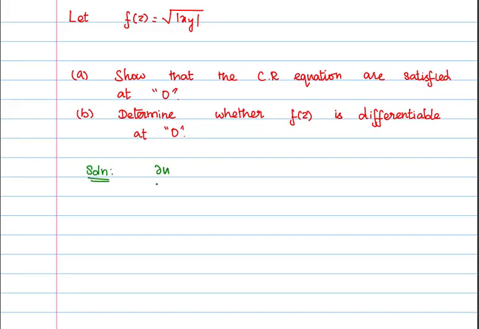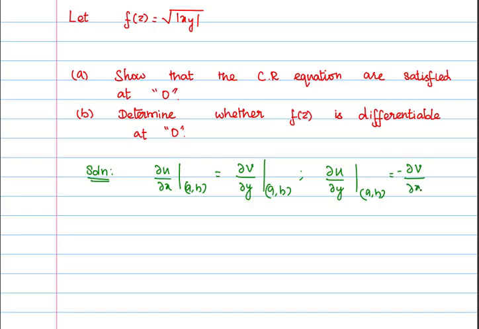∂u/∂x at some particular point (a, b) equals ∂v/∂y at the same point (a, b). Then the other equation is ∂u/∂y at (a, b) equals minus ∂v/∂x at the same point (a, b). If these equations are satisfied, we say the CR equation is satisfied.